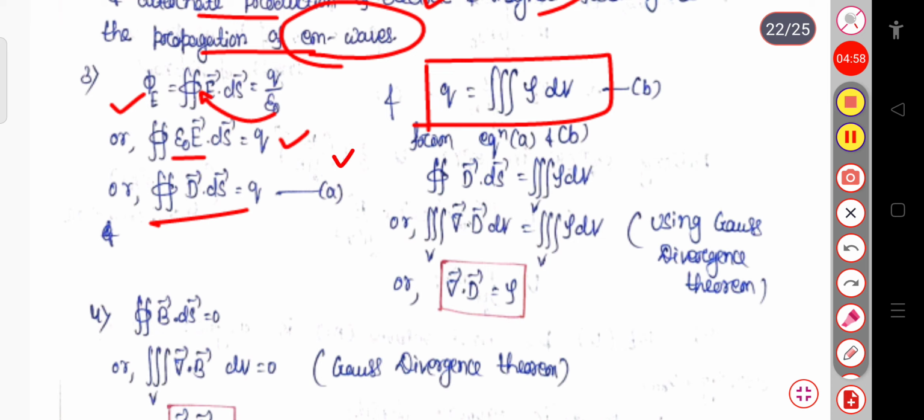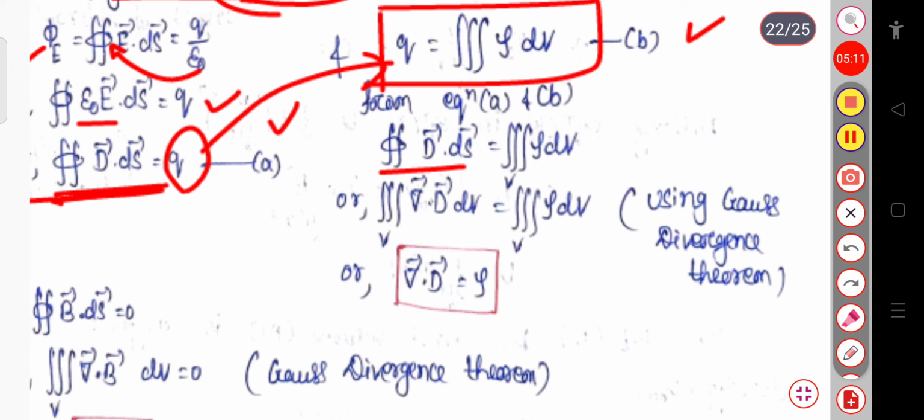So from equations A and B, if we compare, then the surface integral of D dot ds will be equal to, in place of q, the volume integral of rho dV. Now if I convert this D dot ds to a volume integral by applying the Gauss divergence theorem, then this will be the volume integral over V of del dot D dV, equal to the volume integral of rho dV.